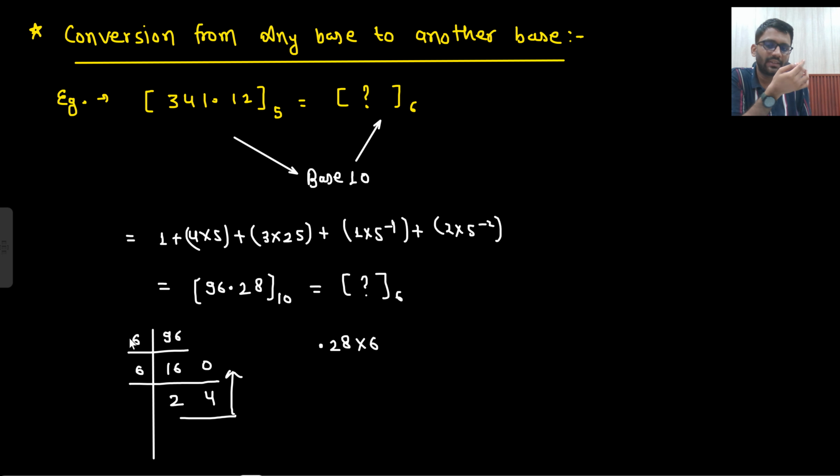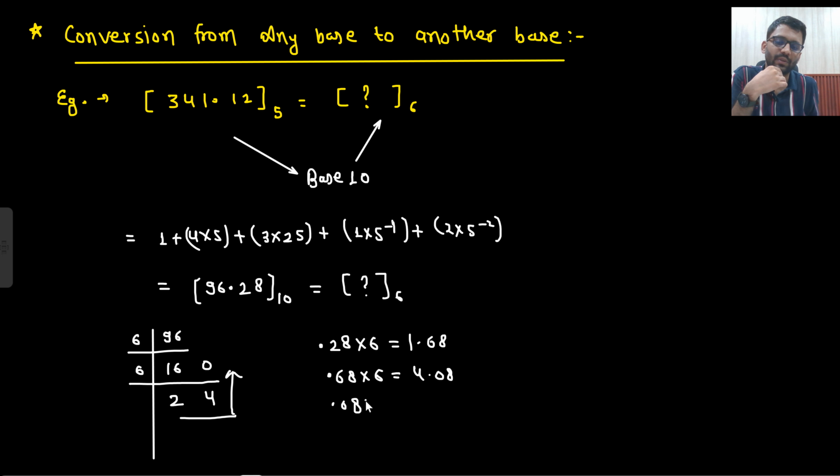So we just divided by 6 for the integer part, and here we are going to multiply. So 0.28 into 6, that would be 1.68. Then 0.68 into 6, 4.08. So 0.08 into 6, that would be 0.48.